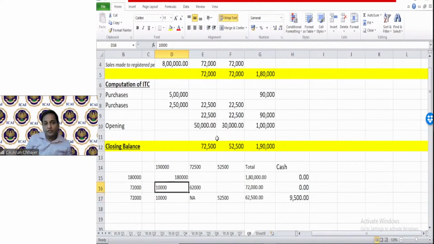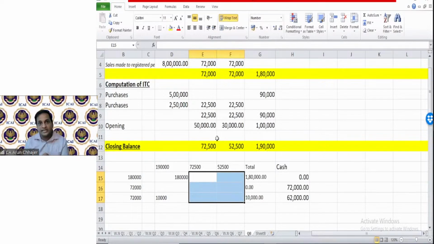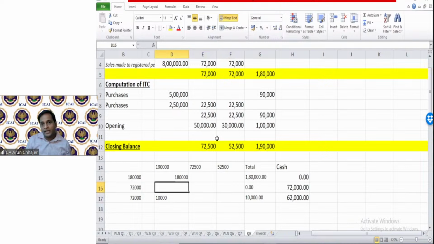Therefore, I would prefer to give 10,000. We should prefer to give 10,000 here. Once we will give 10,000 to S, entirely S, whether IGST ka ITC is fully exhausted? Yes. So now I can move to the utilization of C and S ka ITC. Any liability has been taken from I? No. So entire amount to be taken from CGST, ITC.